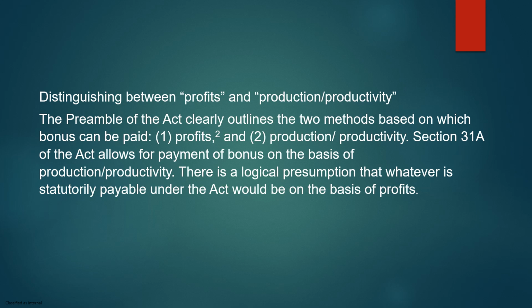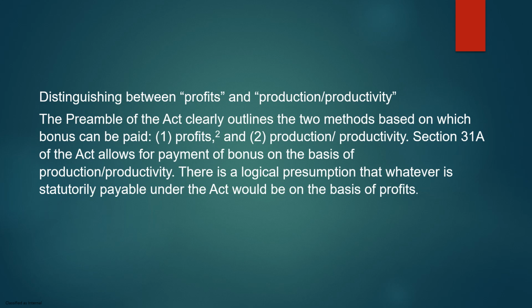But after the insertion in 1976, they specifically said that whether you have profit or not, the minimum bonus of 8.33% is to be paid, and the maximum is 20% based upon the profits. Over and above that, production or productivity is dealt with in a different aspect. Section 31A specifically allows payment of bonus on the basis of production and productivity.